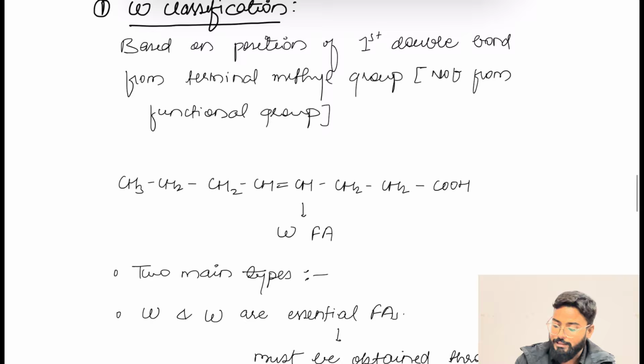So let's just say this is your fatty acid, and from this side, we start the counting, because this is your terminal methyl group. So from here, first, second, third, and fourth. This is your fourth carbon where the double bond first appears. So this will be your omega 4 fatty acid.